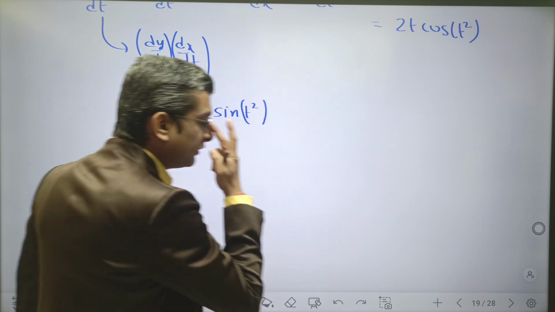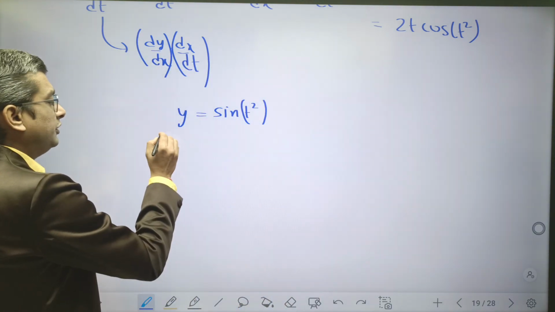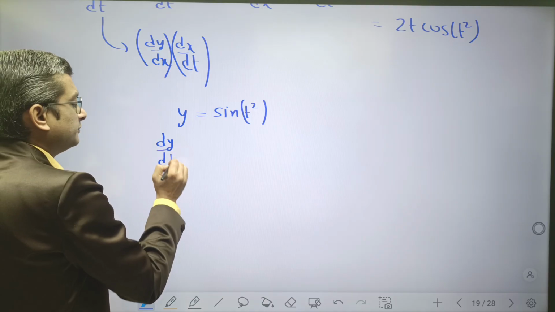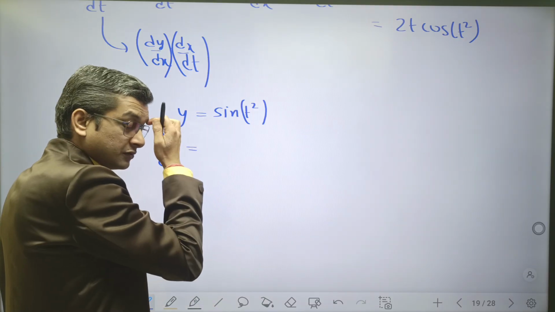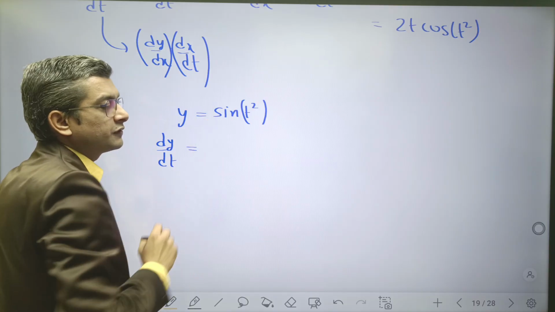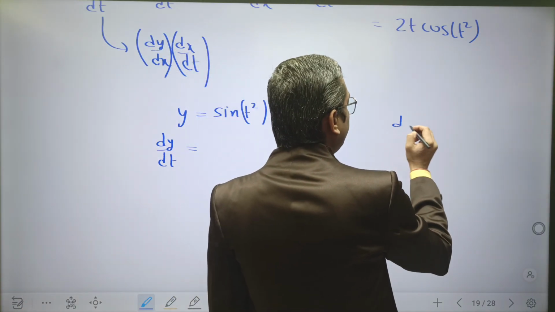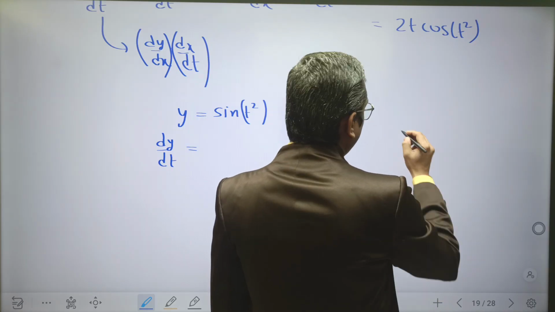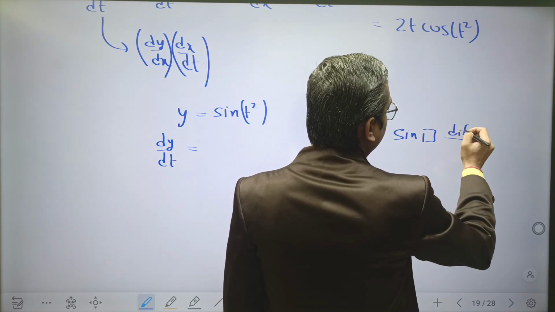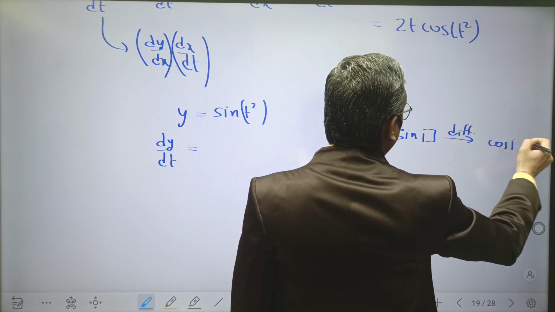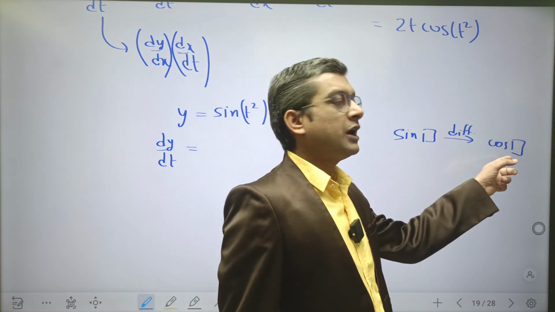So in such cases, if we wish to find dy by dt, when you move from left to right, the first function you come across is sine function. It is very simple. If you differentiate sine of anything, you will get cos of that thing.